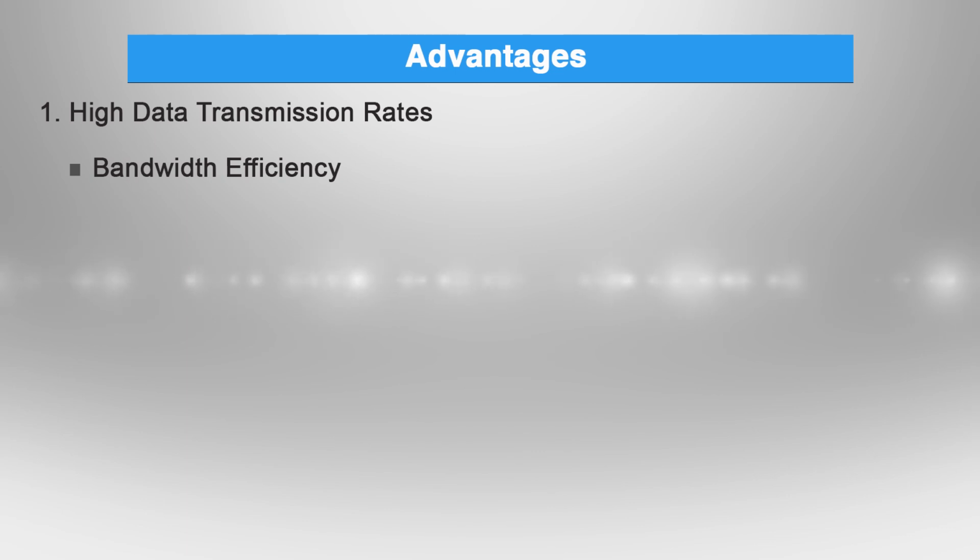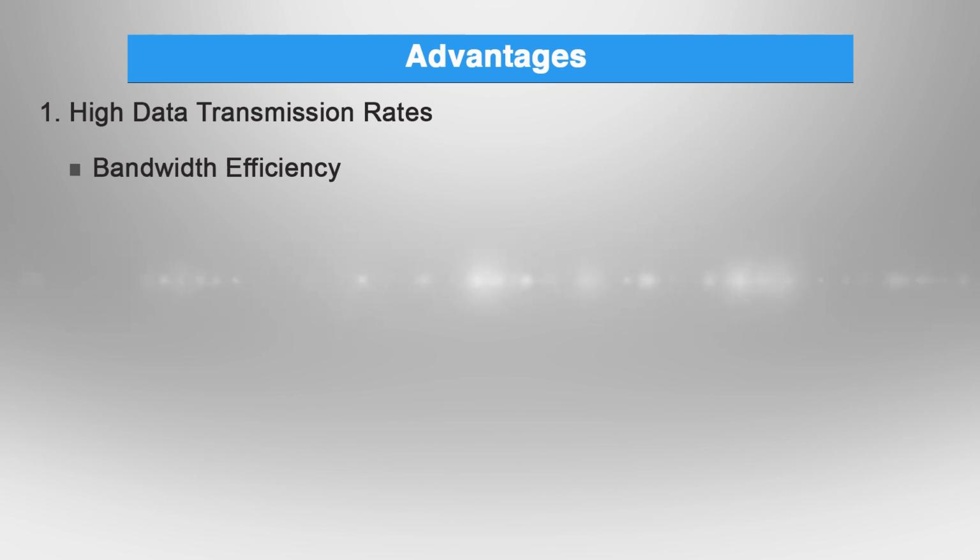Now, let us discuss various advantages of various modulation techniques. First one is high data transmission rates, meaning bandwidth efficiency. Optical modulation allows for the transmission of data at very high speeds due to the large bandwidth available in optical fibers.